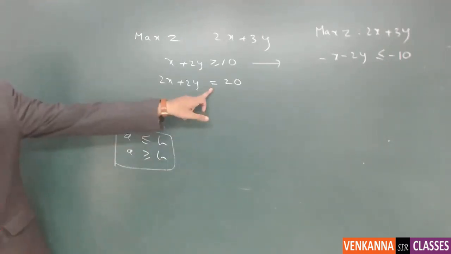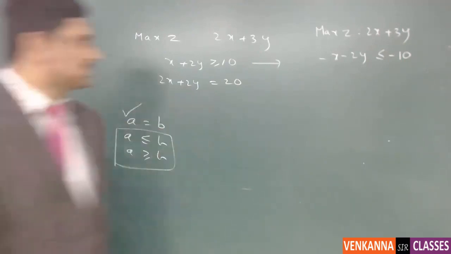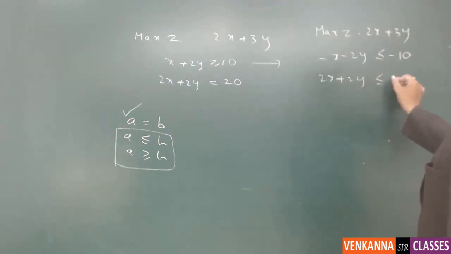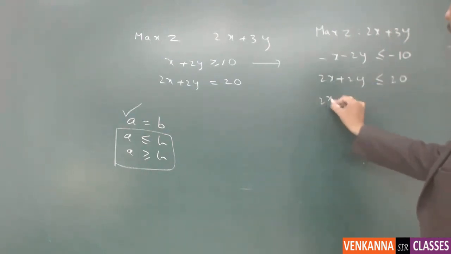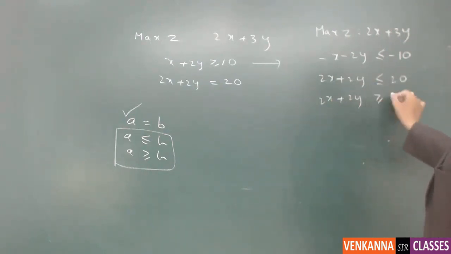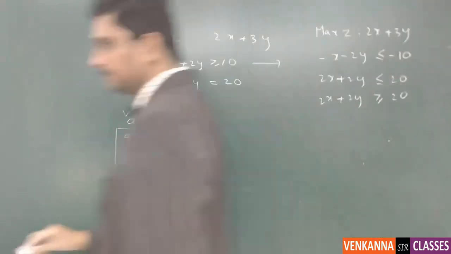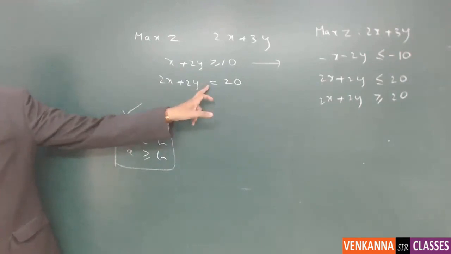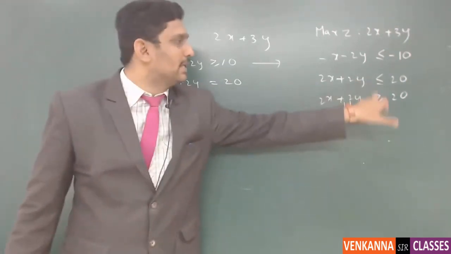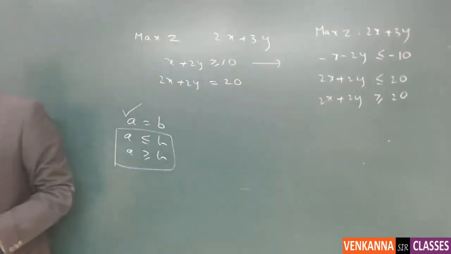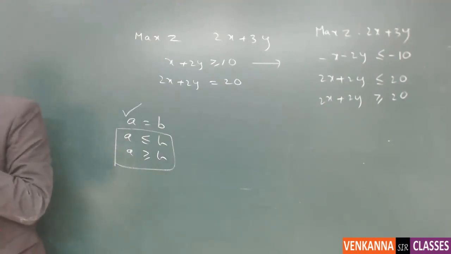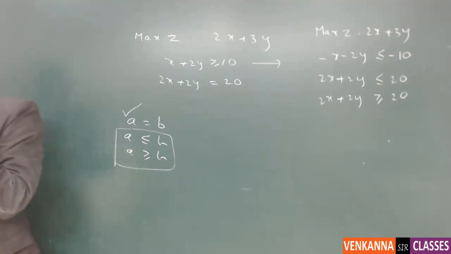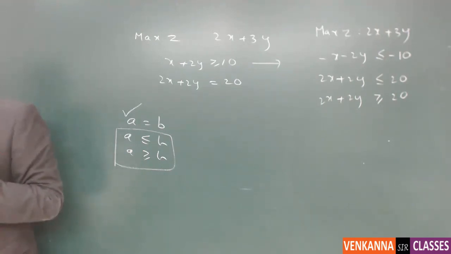So this equality I am going to write as 2x plus 2y is less than or equal to 20 and 2x plus 2y is greater than or equal to 20. So whenever an equality is presented, I am going to write this equal to as two inequalities. Clear for all? Fine.